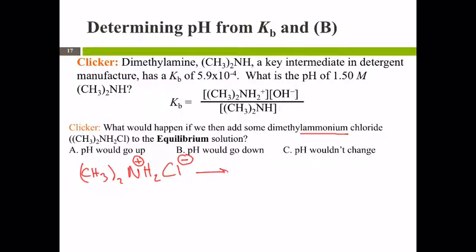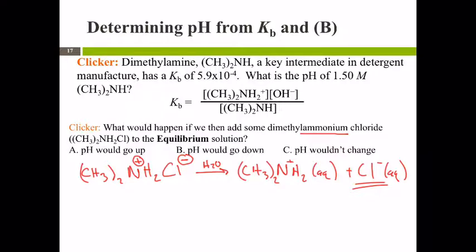So all this really is a salt that when it goes into water will dissolve into dimethyl ammonium and chloride. And now I hope you're thinking, Cl minus, we know that that kind of sits around and doesn't do anything with pH. So this is going to be a spectator ion.